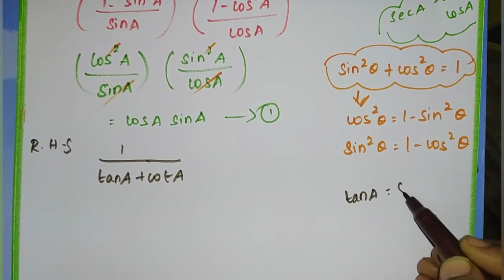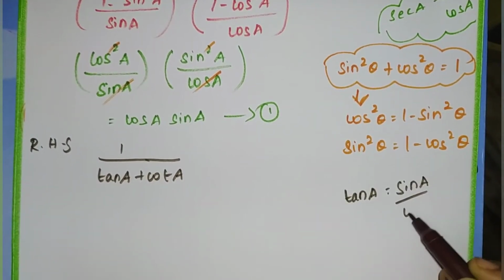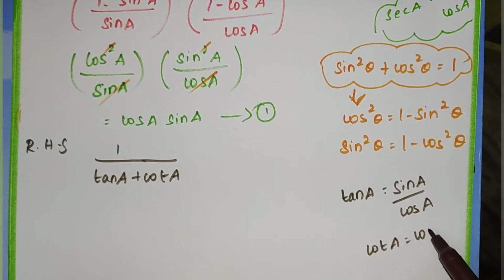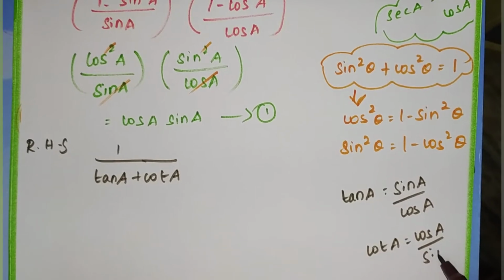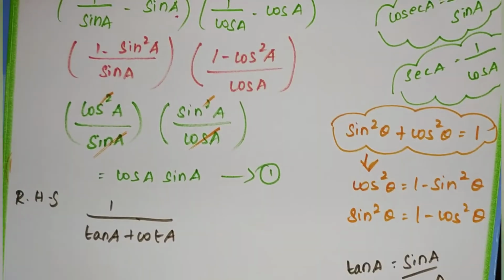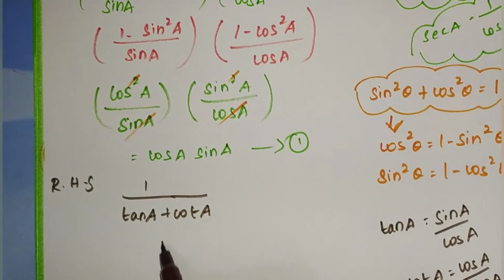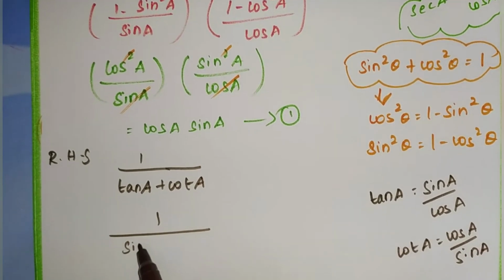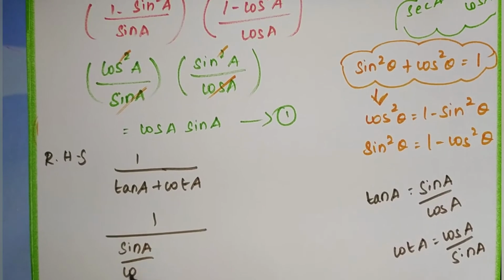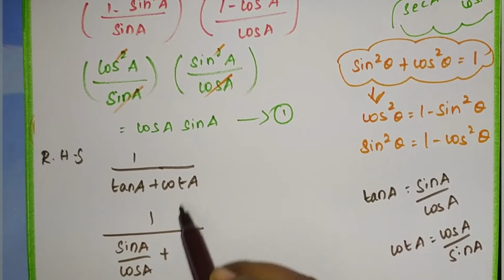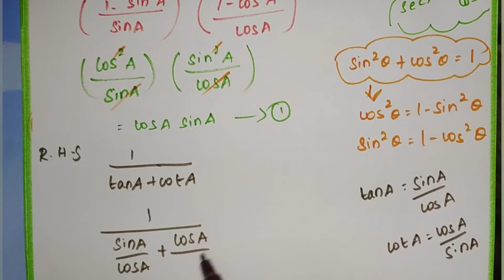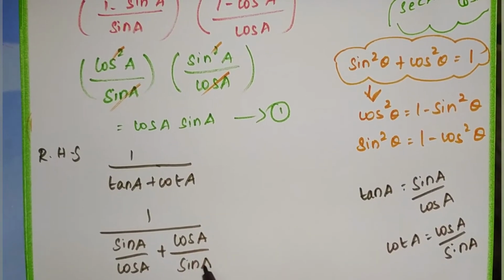Tan A is equal to sin A divided by cos A, and cot A is equal to cos A by sin A. We can apply that. Clear? So 1 divided by, instead of tan, I am going to substitute sin A divided by cos A, plus instead of cot A, I can substitute cos A divided by sin A.